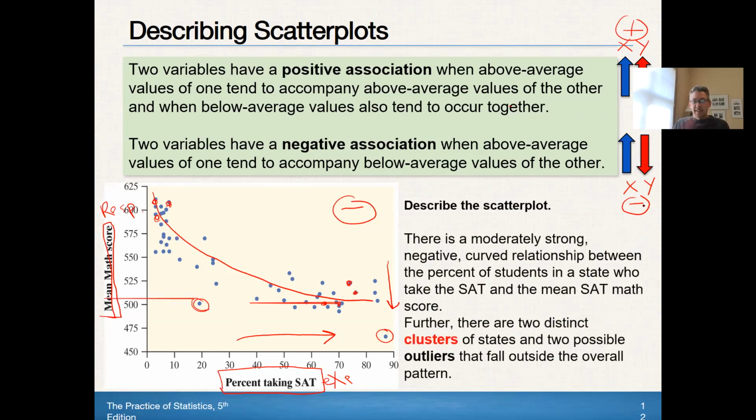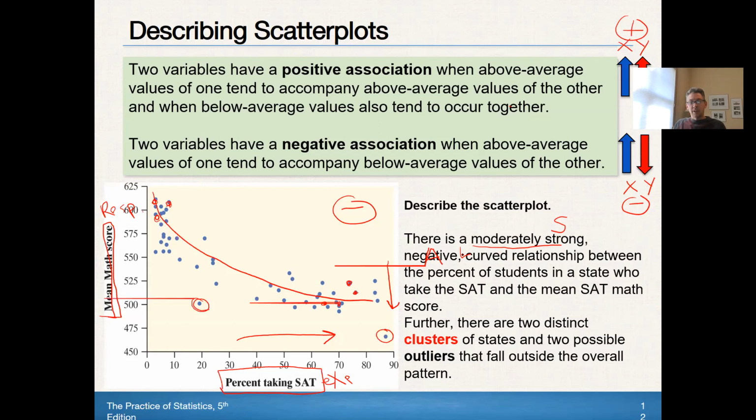I said there's a moderately strong and negative curved relationship. I want you to notice in just that one sentence, I took care of strength when I said moderately strong. I took care of association when I said negative, and I took care of linear when I said it's not linear, it's curved.